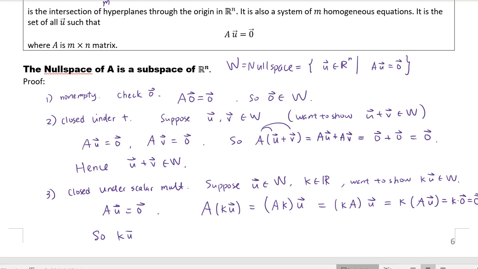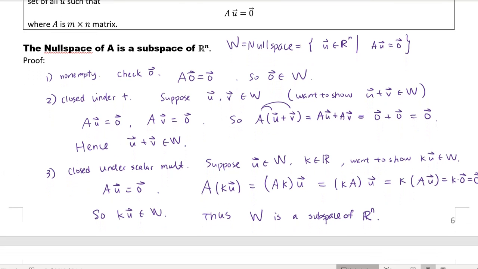So we have ku is in W. Therefore, because it satisfies the three conditions, W is a subspace of Rn. Okay.